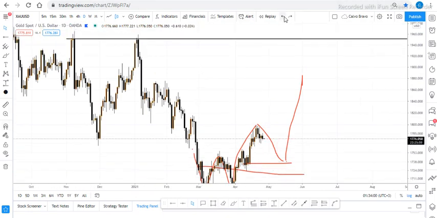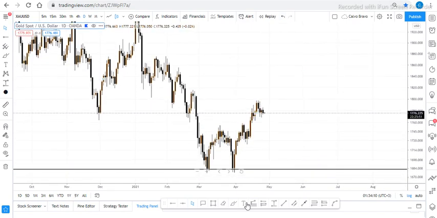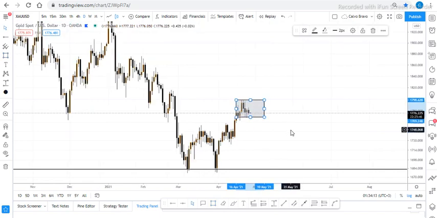Let me remove these drawings and put my chart cleaner this way. So right now price is moving here in this box.